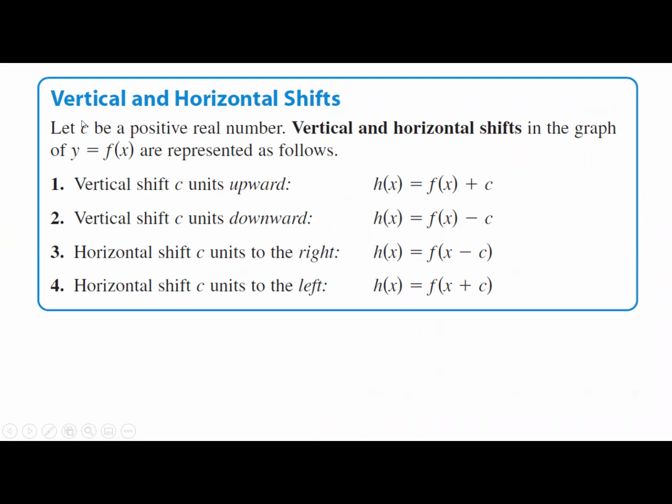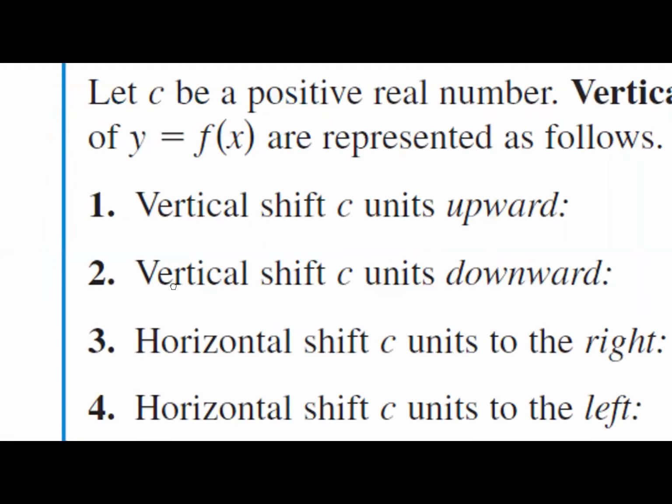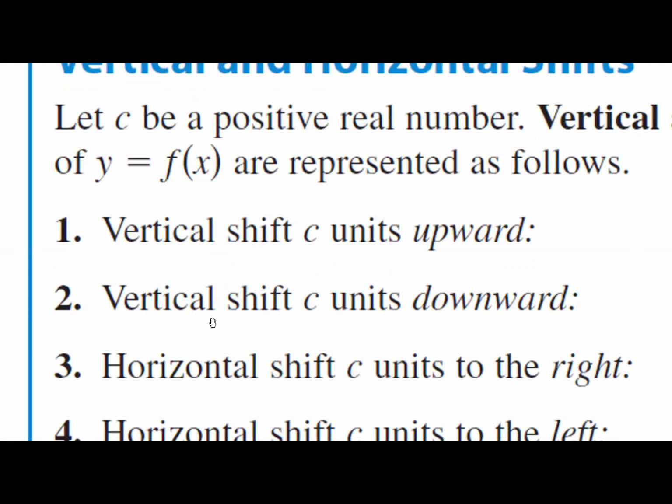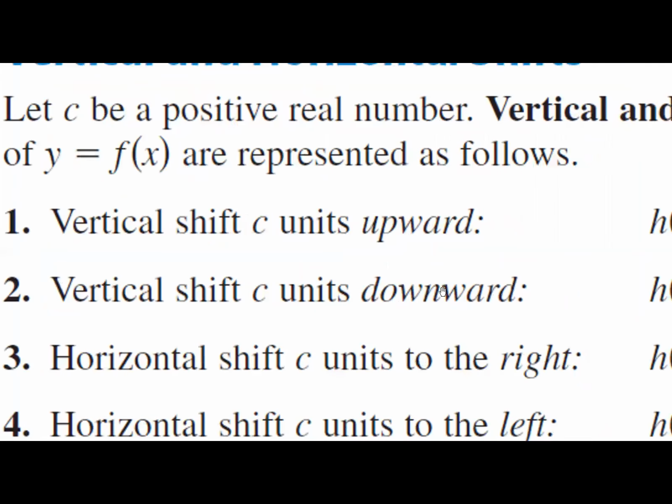If C is a positive number, you have a vertical shift of C units upward. So if you're adding C, just copy down 1 and 2 for now, and then we'll copy down 3 and 4 as soon as we're done. So vertical shift upward and vertical shift downward. Notice what happens.